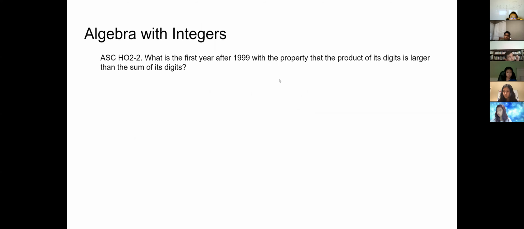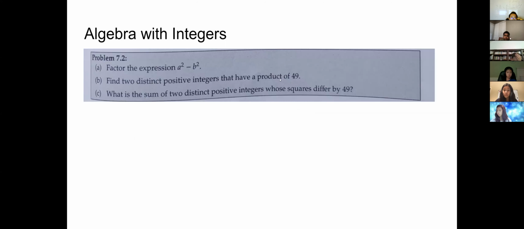Okay, so let's go back to here. A squared minus B squared is A plus B times A minus B. And what are the two distinct positive integers that can have a product of 49? 1 and 49. Right?